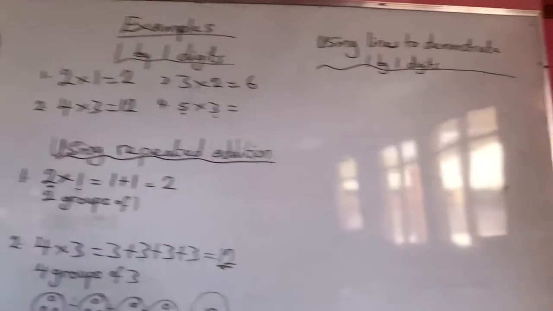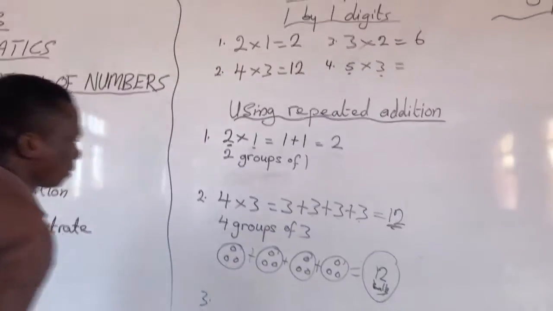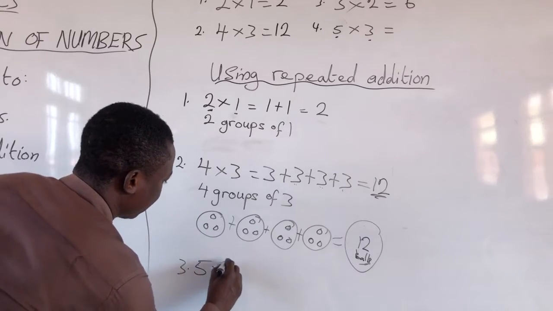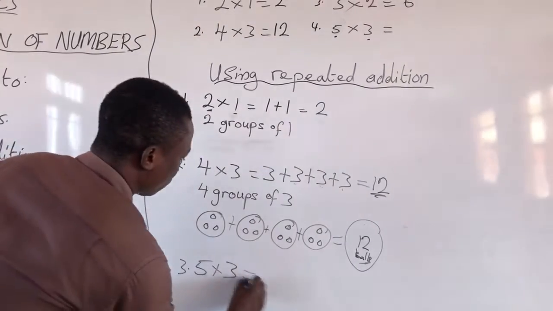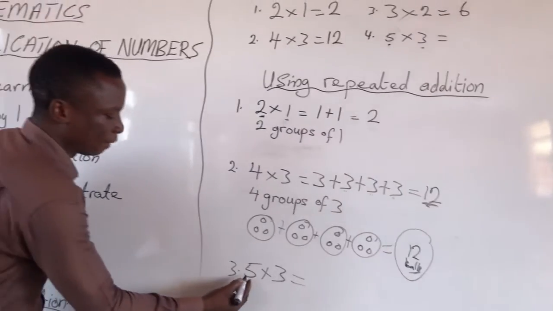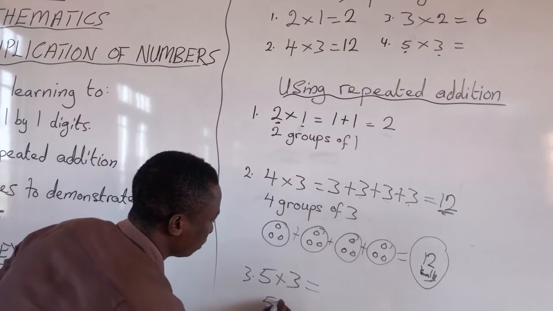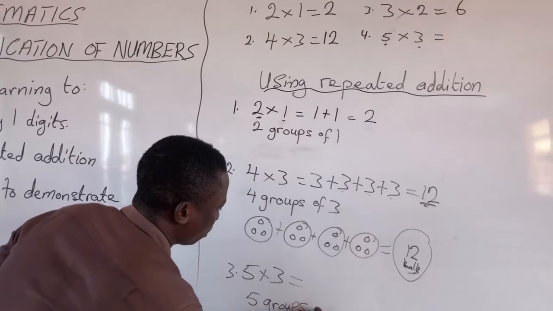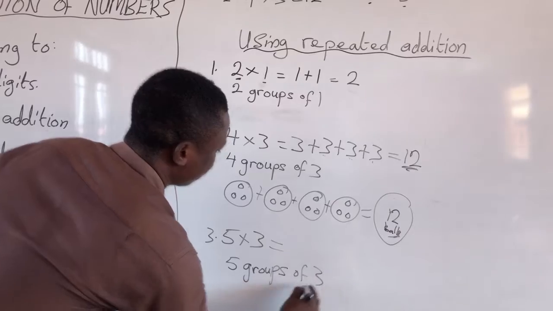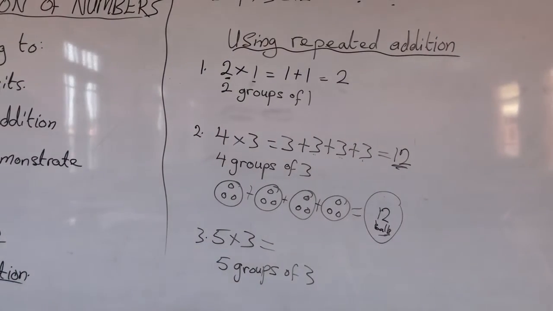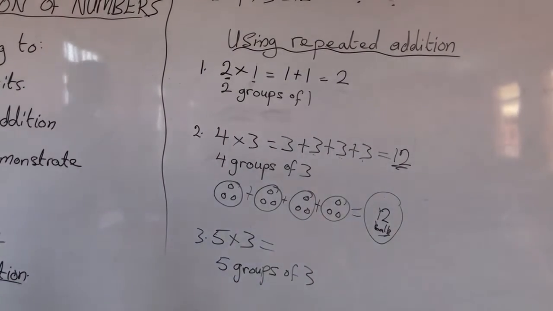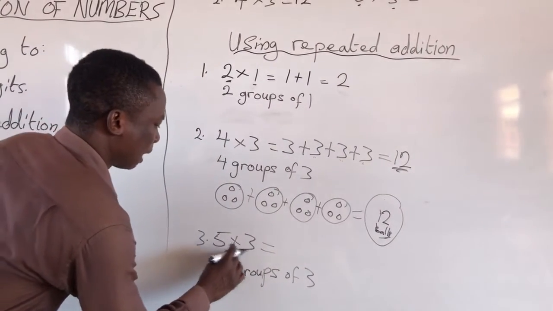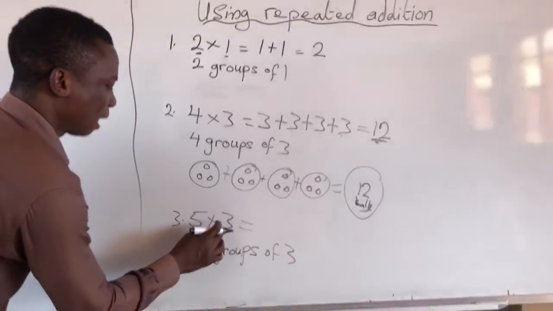Alright, let's look at the last example under that. When you are given 5 by 3, how do you read these figures? The first one is 5 groups of 3. Look at it well. 5 groups of 3. That means you repeat 3 five times.